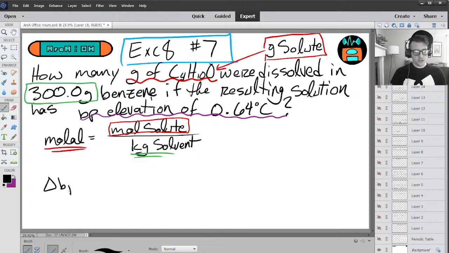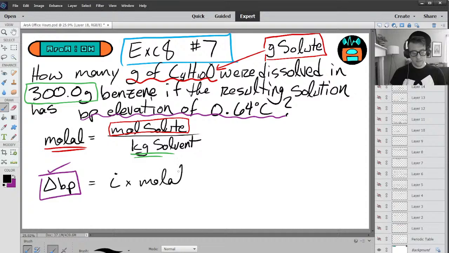That's a change in boiling points. So we've been given this. We know change in boiling point is equal to I times molality, which is what we need to find to get to our moles of solute. So this is really what we're after.